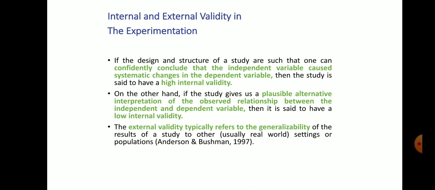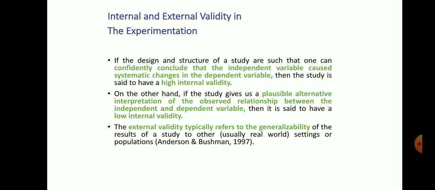Higher the chances of generalization of the study, higher the study is said to have the internal validity. On the other hand, the study with a low internal validity only explains the plausible interpretation of the cause and effect relationship between the variables.